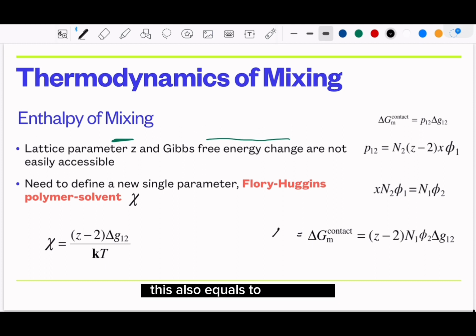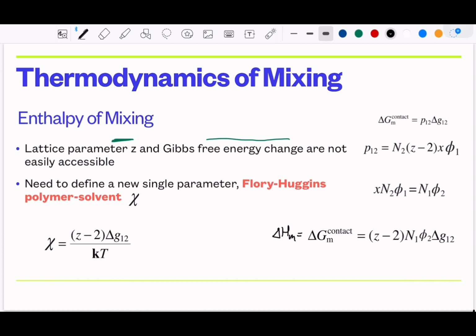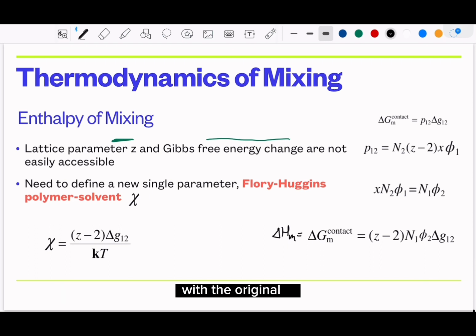Is also equal to delta HM. Okay. So by definition, delta HM is the free energy for the contact, the interactions. Okay. Yeah, I prefer using the H because sometimes you get mixed up this G contact with the original G.